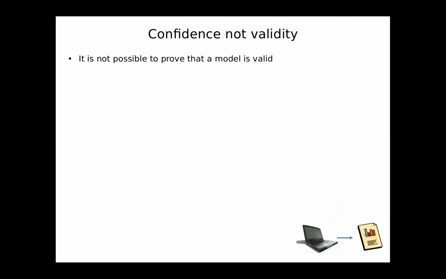It's a really important thing to consider that although validation is an important part of the model building process, it is not possible to prove that a model is valid. You can't do that. You can disprove that it's valid. You can show that it is not a valid model because of this, but you can't prove that it is valid.